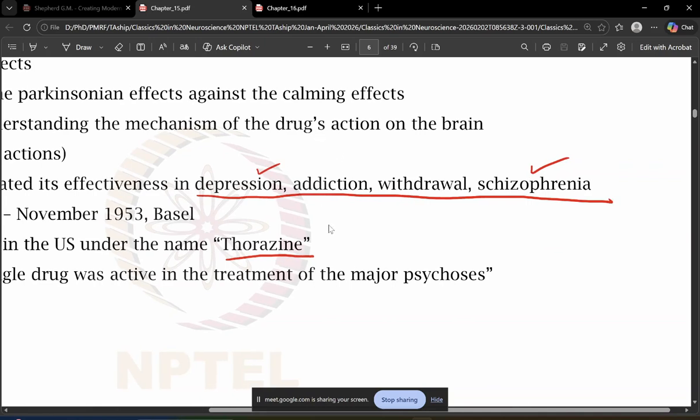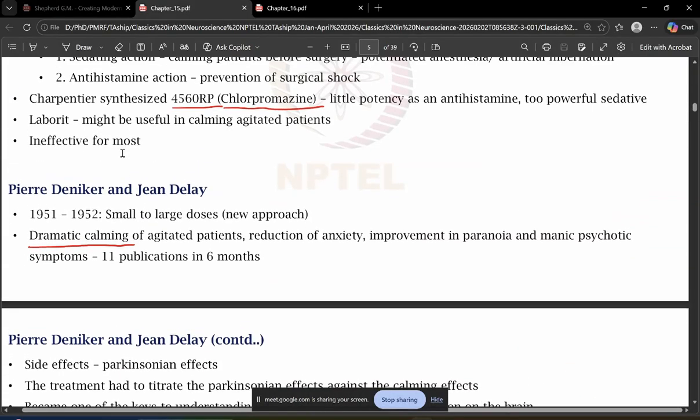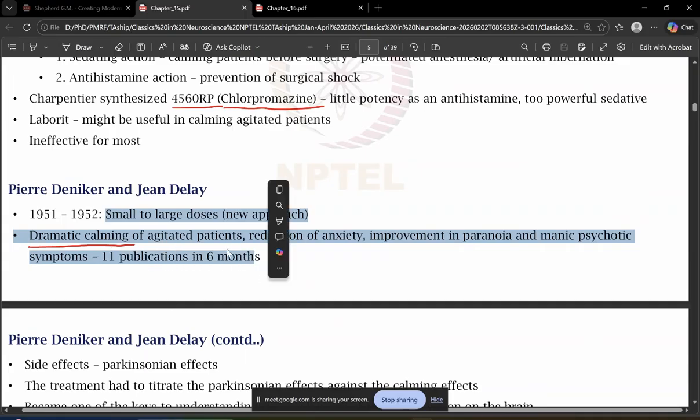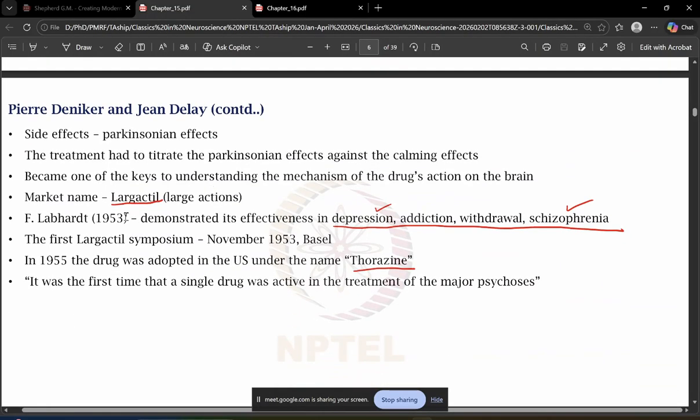It's effective in addiction, it's effective in withdrawal as well as in schizophrenia. In 1952, the dramatic calming effect was described by Deniker and Delay. In 1953, Laborit showed its effectiveness in these cases.